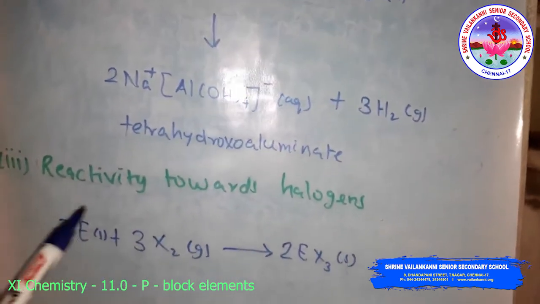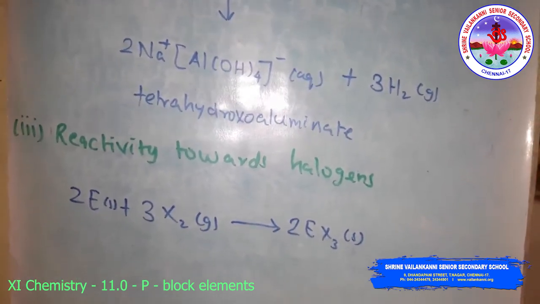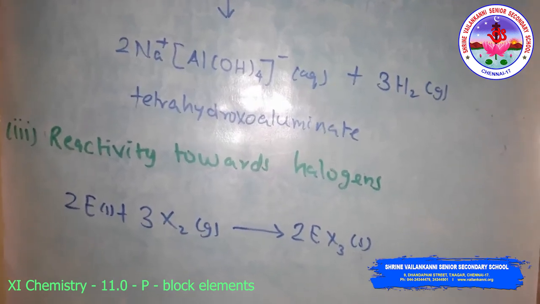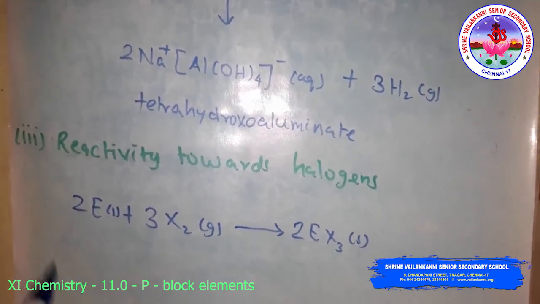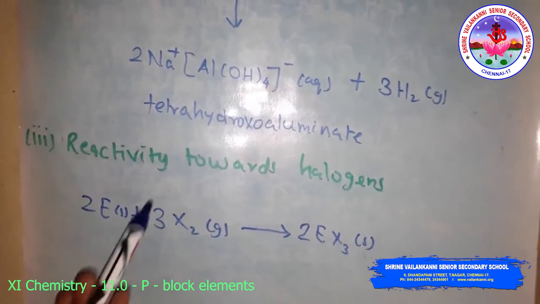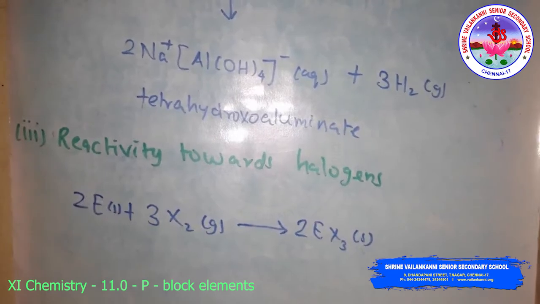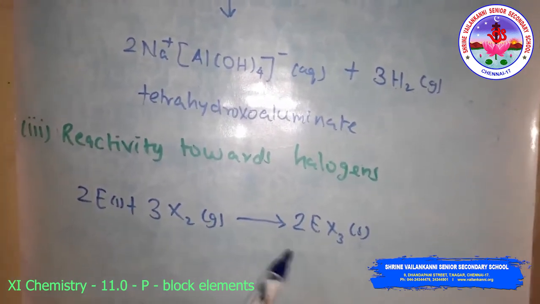These elements react with halogens to form the trihalides, except thallium iodide. Here in this reaction, E indicates any element in group 13. X2 is a halogen, either fluorine, chlorine, bromine, or iodine. You can use it, and it will form the trihalides.